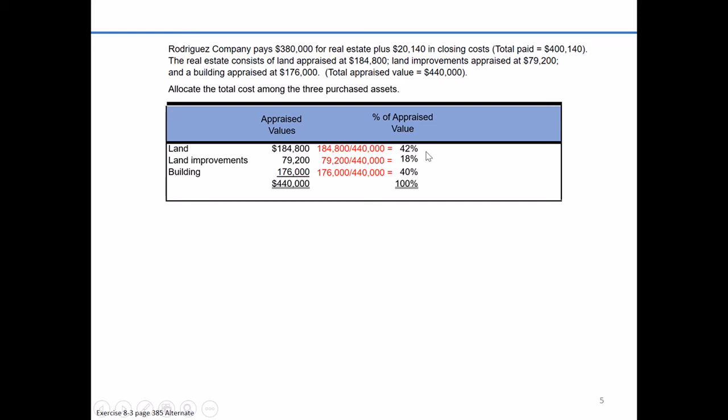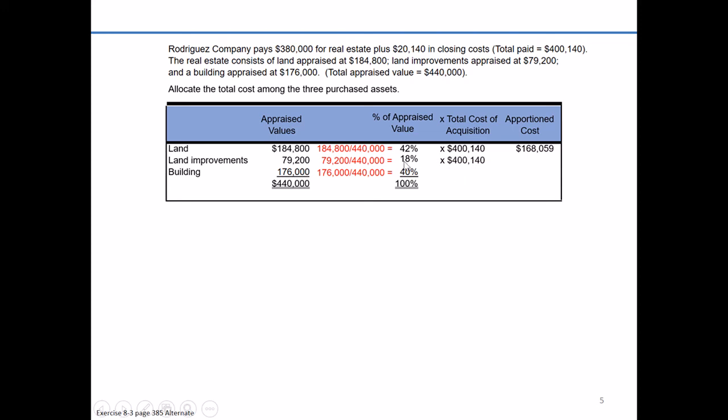Now let's take those appraised percentages, multiply them times the total cost of acquisition. Remember, that includes the closing cost too, and the total cost or amount paid is going to be 400,140. So land relative appraised percentage of 42% times the total cost of acquisition of 400,140 gets us an apportioned or allocated cost of $168,059.